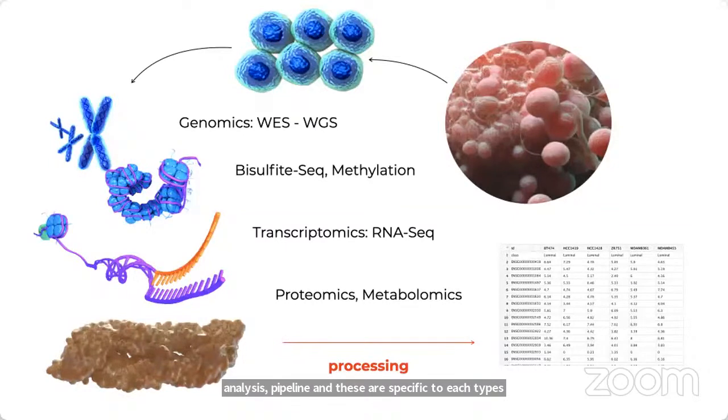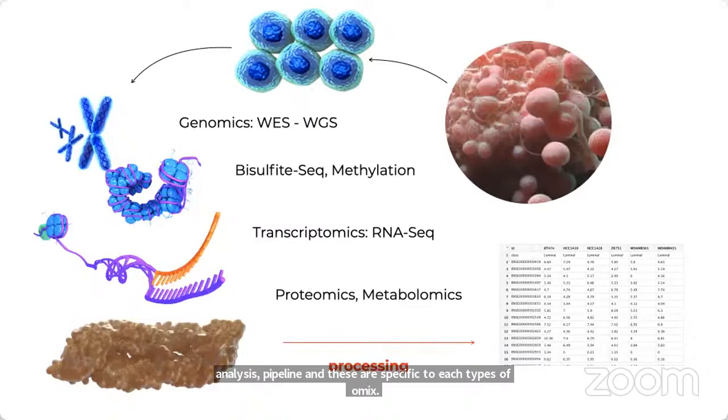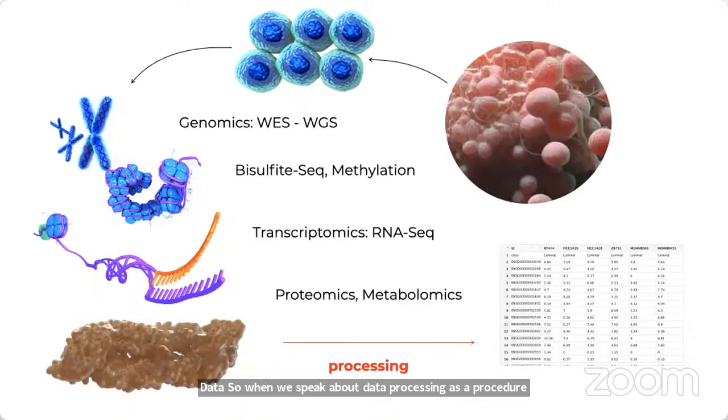So when we speak about data processing as a procedure to generate a data set or structured data, we can term these specific data analysis methods. For example, a genomics pipeline, or genomics data analysis method, takes the unstructured genomics data, which is sequence data usually stored in FASTQ file format, and then applies structure to this data.